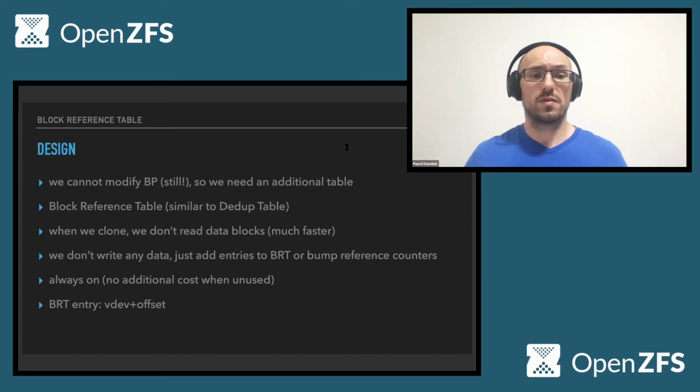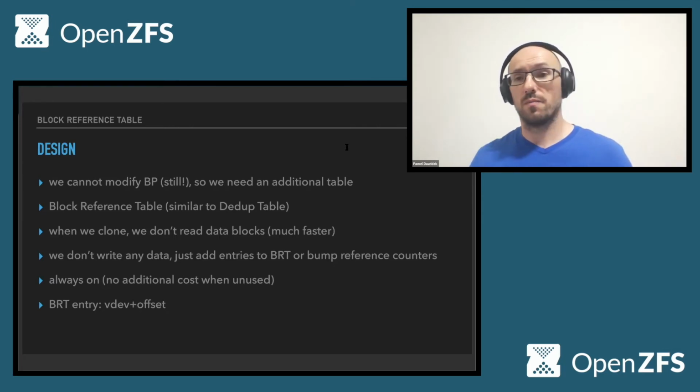And the block reference table entry is extremely simple. We just need to say which VDEV and the offset of the block, and of course the reference counter, but the entry itself is extremely small.